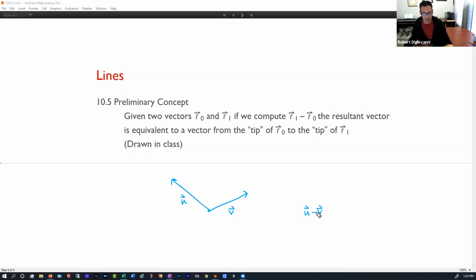U minus v. So that vector should go from the tip of v to the tip of u. Okay, that is what u minus v looks like. Now, if I had done this instead and asked you to do the vector v minus u, then it would go from the tip of u to the tip of v. Make sense?